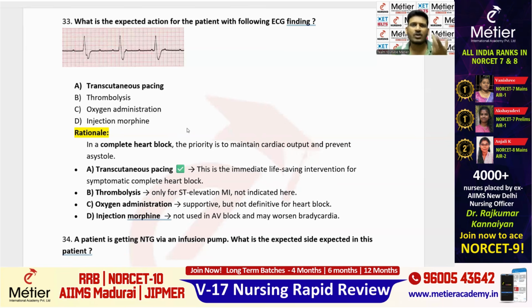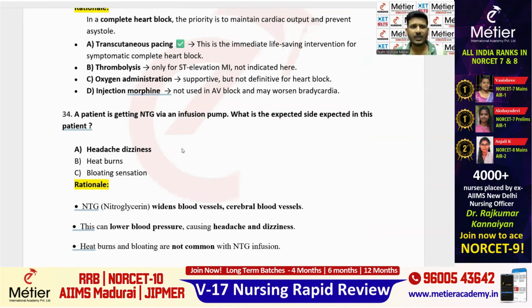Injection morphine is not used in AV block. We cannot use injection morphine in AV block, it worsens the condition. So the leftover option is transcutaneous pacing. It is the one used in heart block in order to maintain proper SA node, AV node conduction. Okay, so here the right answer is option A.